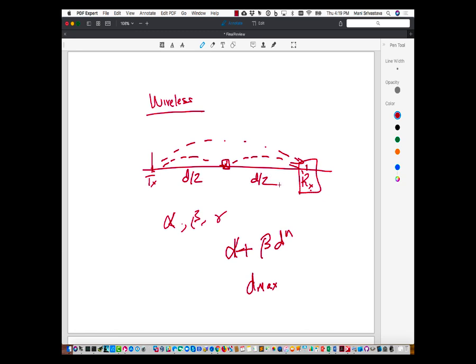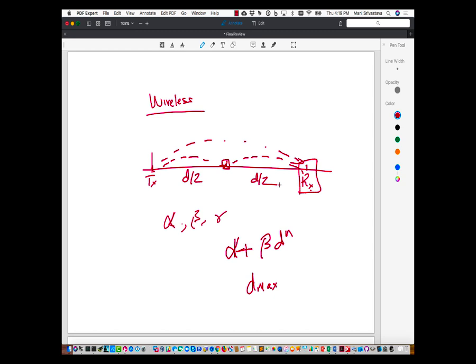So at the transmitter, the distance is now d over 2, and the energy consumption is going to be alpha plus beta (d/2)^n. What about the middle node? It is acting as a relay, so it has to receive and transmit.